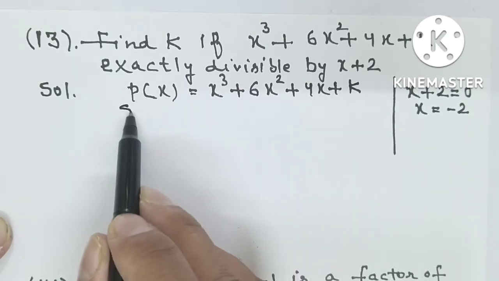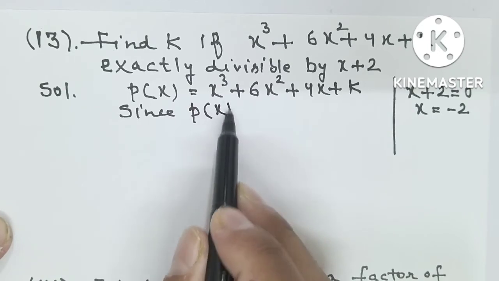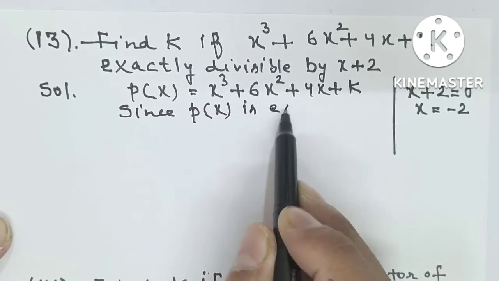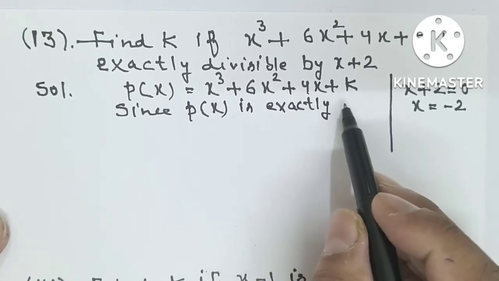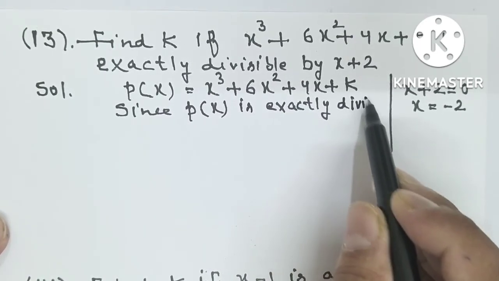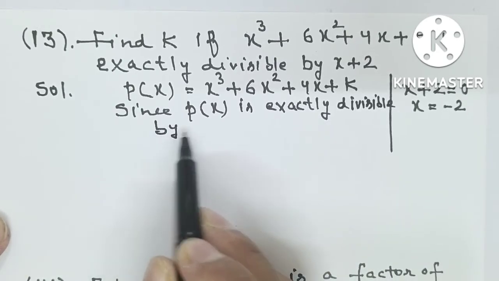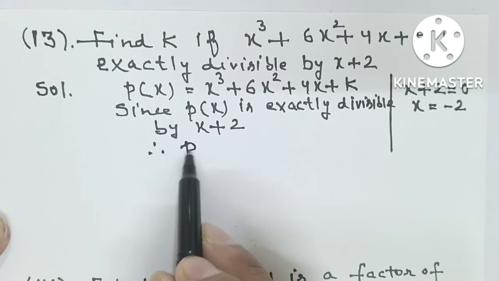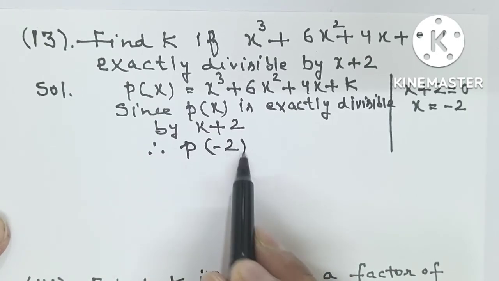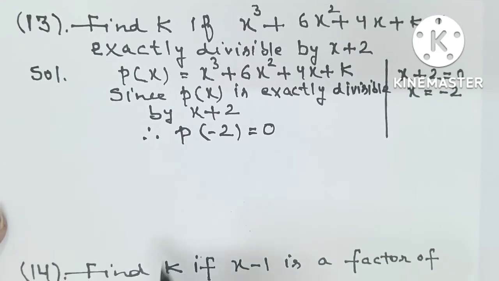Now we will write, since p of x is exactly divisible by x plus 2, therefore p of minus 2 is equal to 0, because x plus 2 is a factor of it.